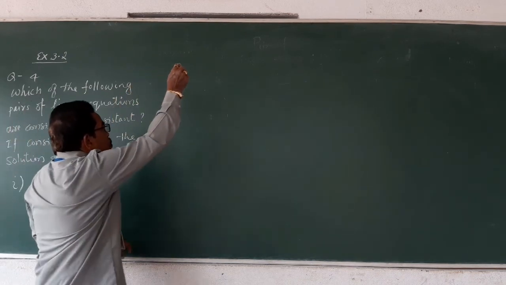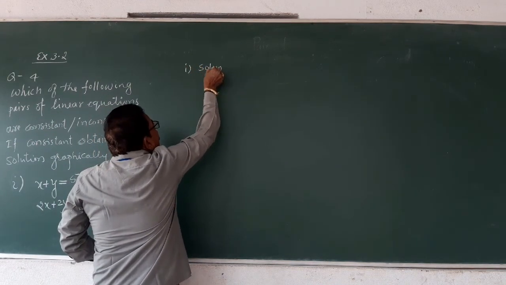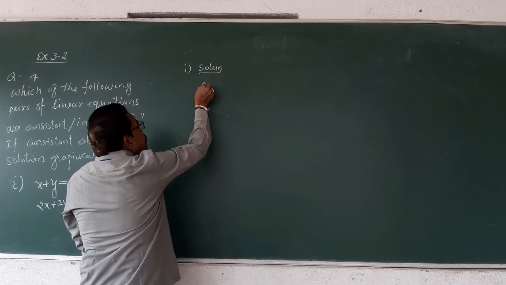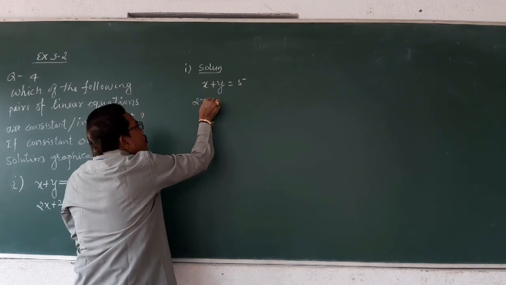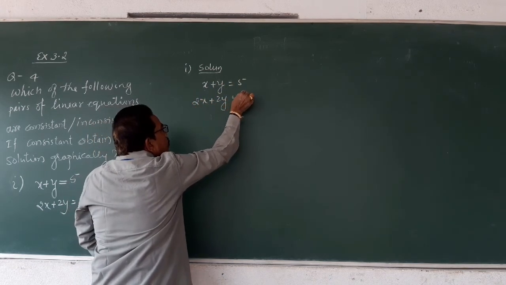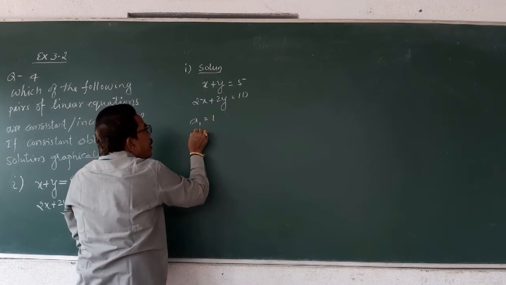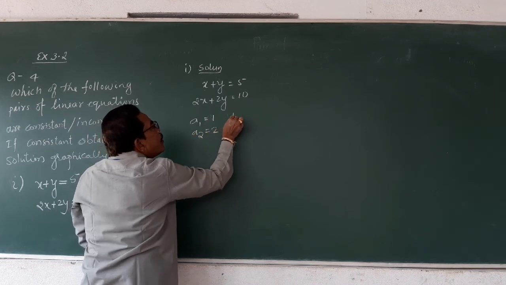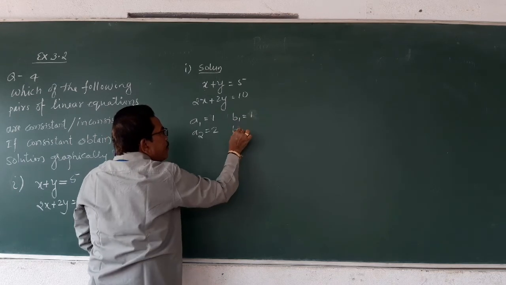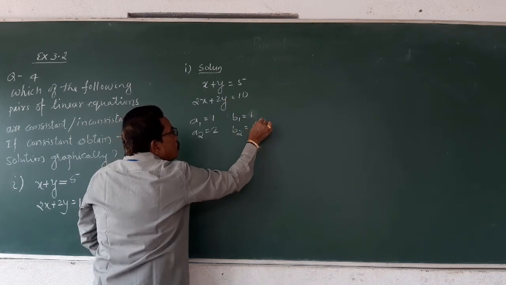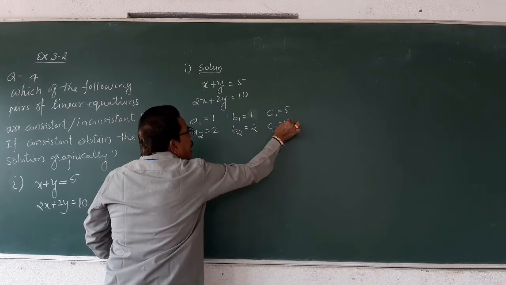So, the solution for the first one: x plus y equals 5, and 2x plus 2y equals 10. a1 equals 1, a2 equals 2. b1 equals 1, b2 equals 2. c1 equals 5, c2 equals 10.